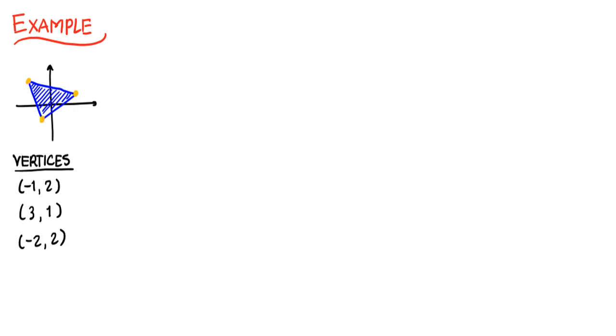Now, to cool off our brains a little bit, let's do an example. Consider the following triangle with vertices as shown. As usual, let f of n be the number of lattice points in n times this triangle. We can use the formula we just obtained to get the generating function of f of n.